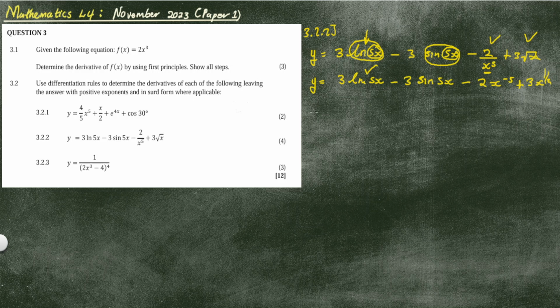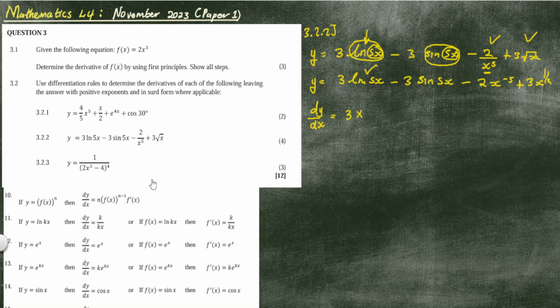Now we can differentiate. dy over dx is equal to 3 multiplied by, but don't worry, you should have all these derivatives at the back of your question paper. We're looking at point number 11, where we are given a function ln kx.